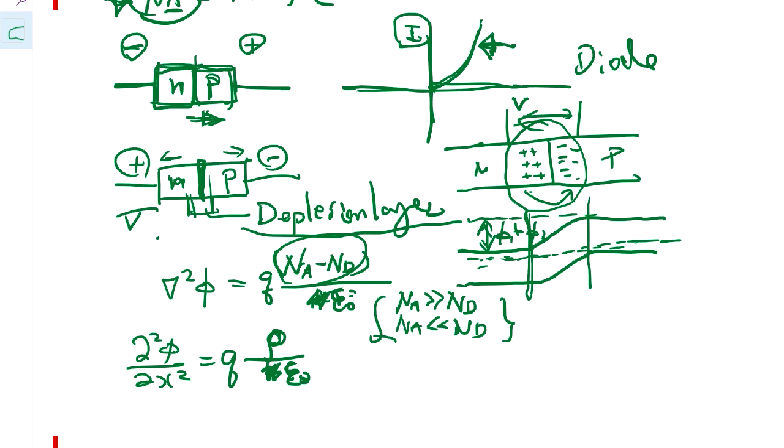The phi determines this width with x. Okay, so depending on the voltage, the width increases when voltage increases, or this diffusion layer becomes thinner when voltage decreases, and that's why it goes like this in the diode.